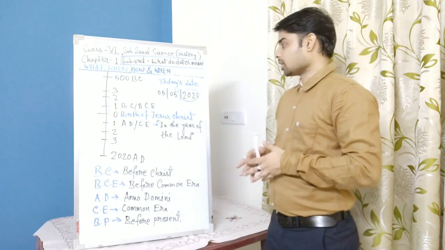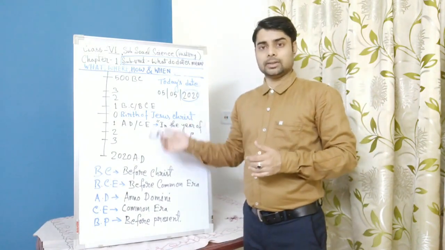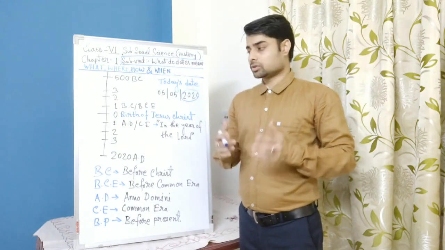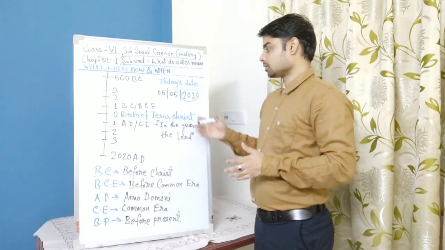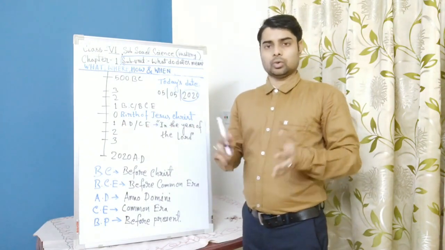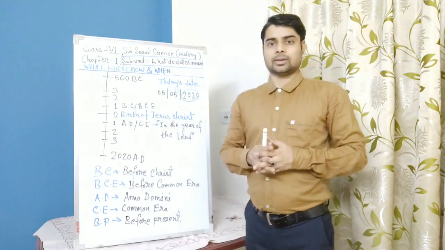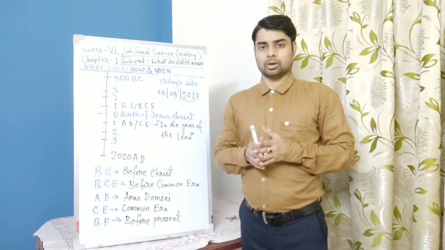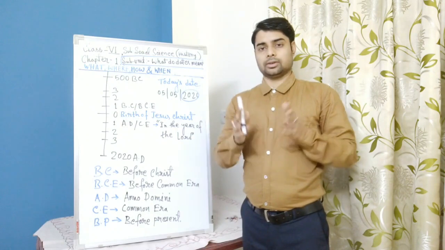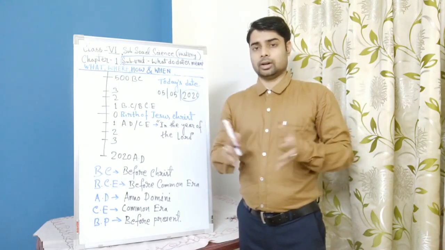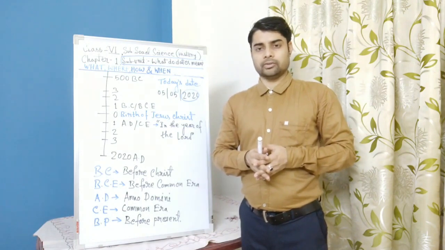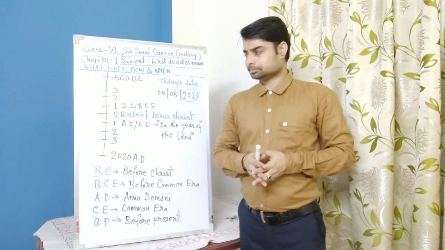Actually, we started counting all these years. This process is called the Christian calendar. This Christian calendar we started from the birth of Jesus Christ. You know that Jesus Christ was born 2020 years ago, and he spread the religion named Christianity, and it is the most popular religion in the world.